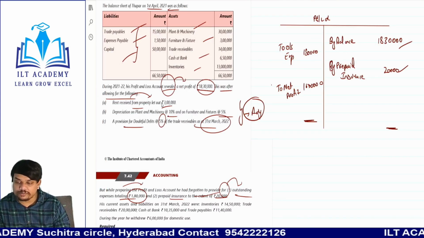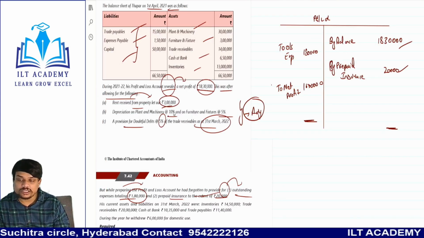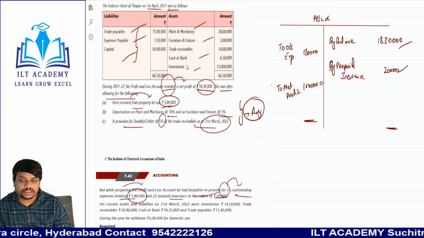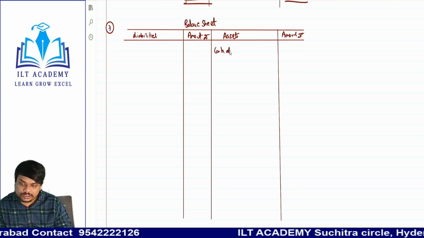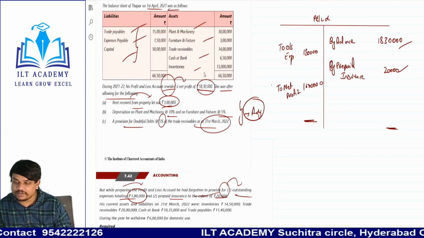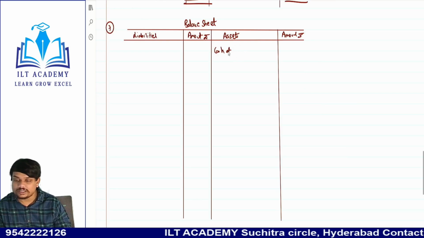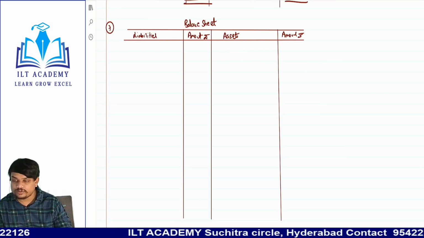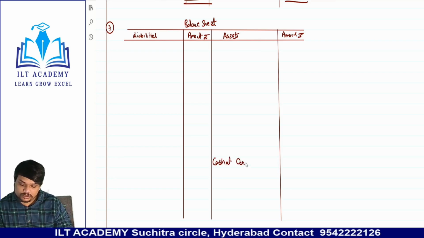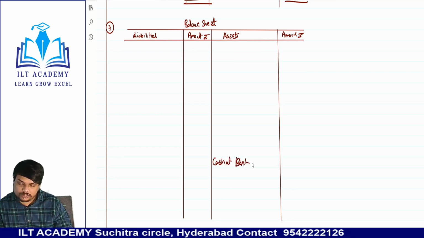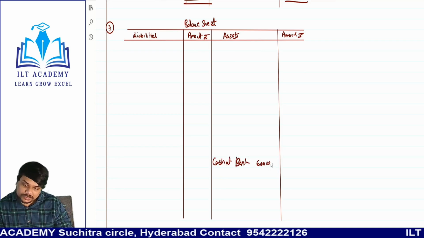Now rent received from the property let out is 3 lakhs. So rent received from the property will go into what? Cash and bank account. So cash at bank. Already we are having how much? Let us write this. That is already 6 lakhs.